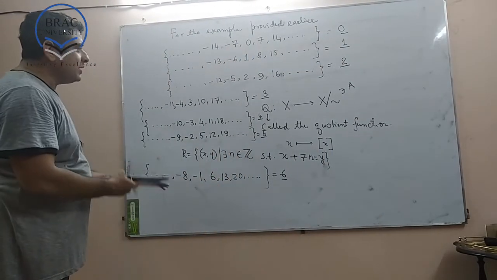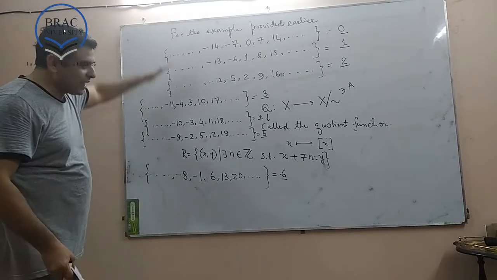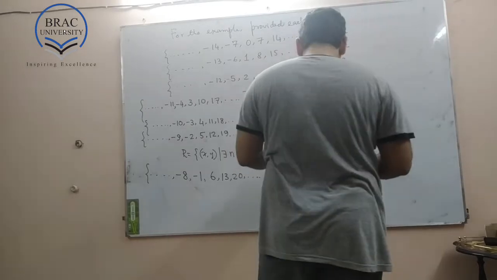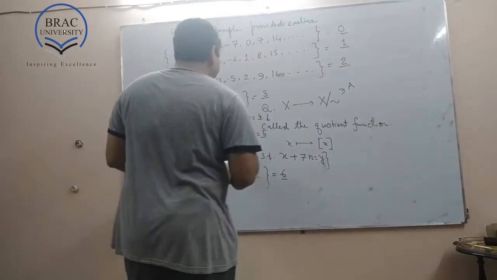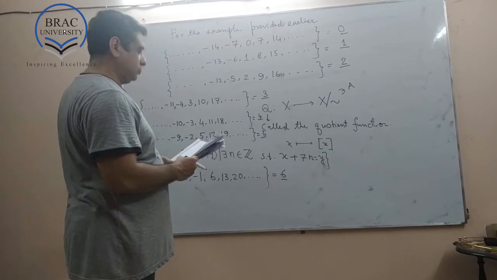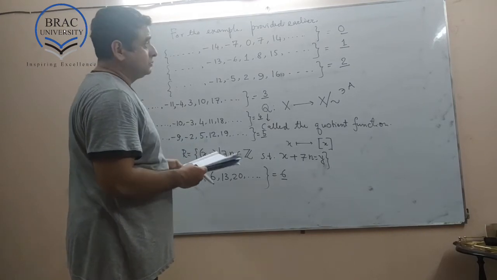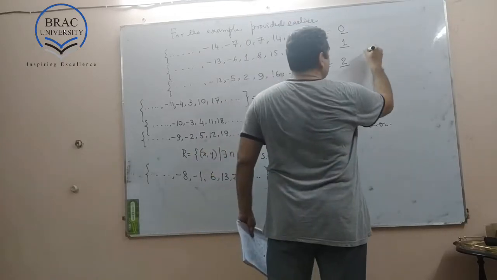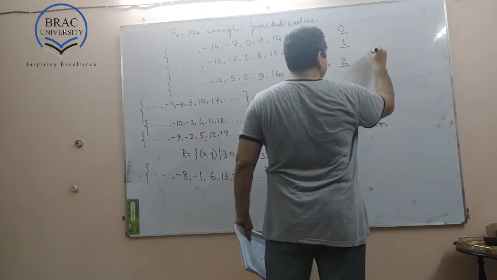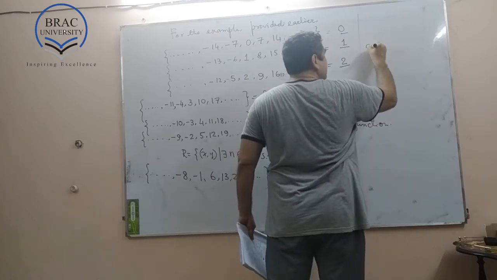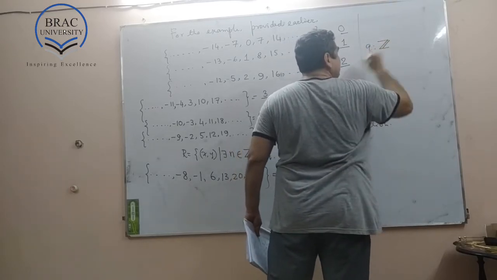So now, what is the quotient set in this example? So this is pretty much it. The X in this case was the set of integers, right?